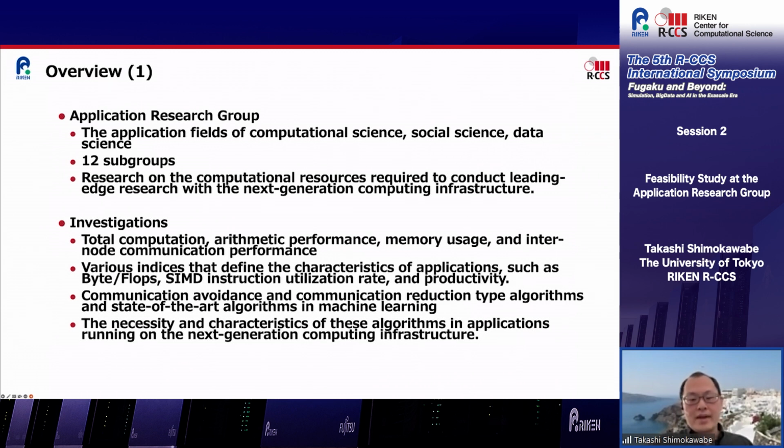In parallel with the investigation of the individual applications, we are investigating communication avoidance and communication reduction type algorithms and the state-of-the-art algorithms in machine learning from a common perspective for the applications. We will then investigate the necessity and the characteristics of these algorithms in the applications running on the next generation computer infrastructure.